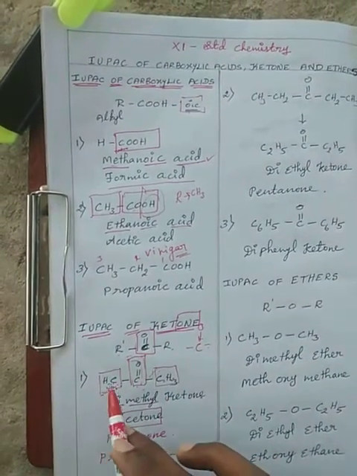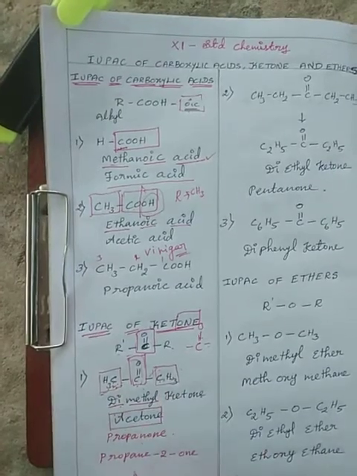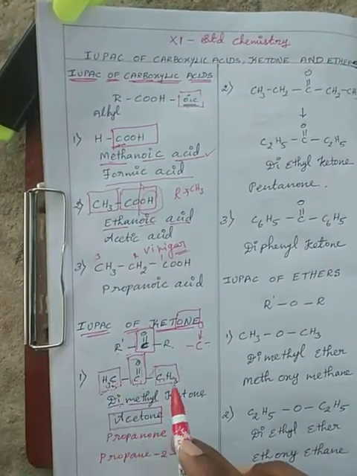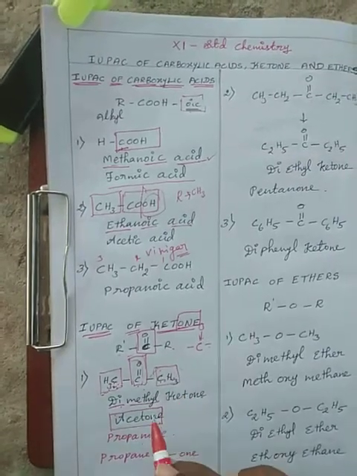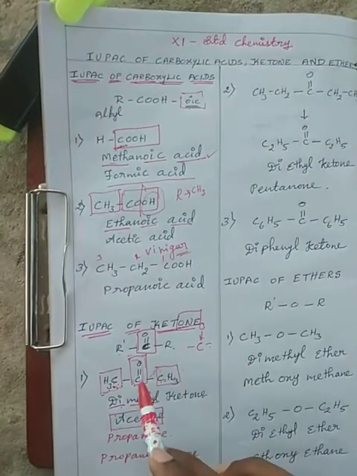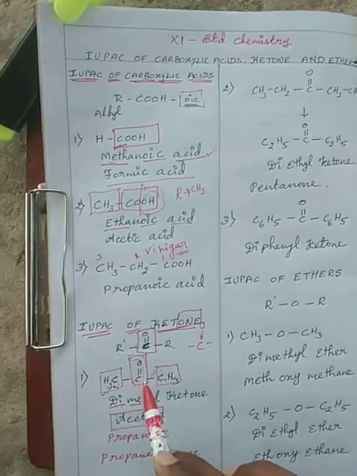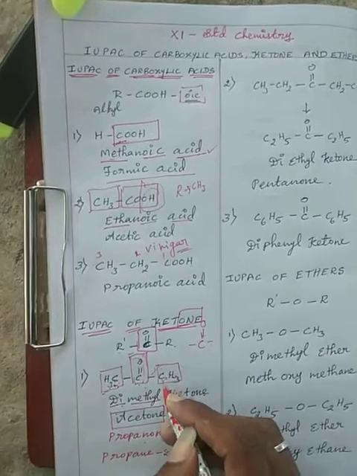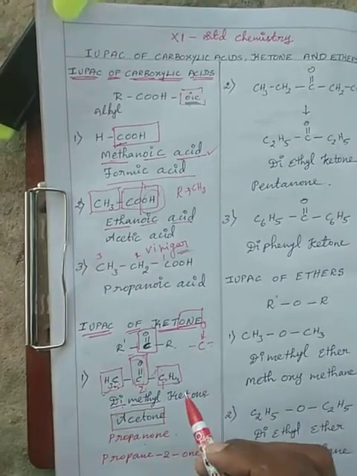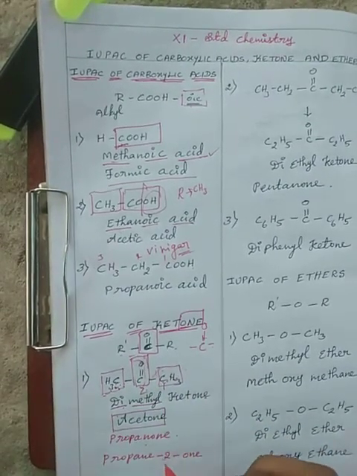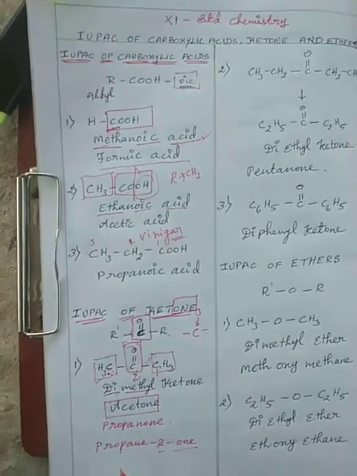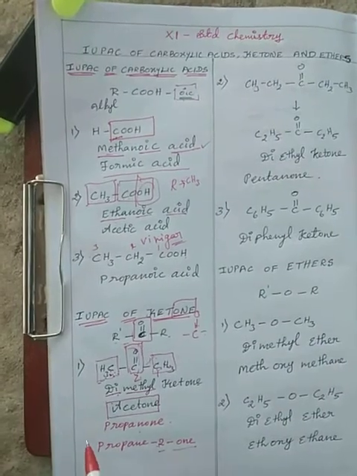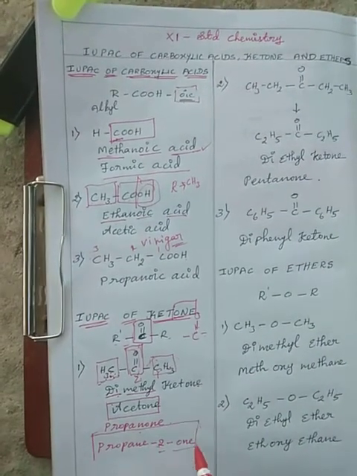All are single-bonded alkyl groups: a methyl group with a single bond, and another methyl group with a single bond. Students, do not mention the carbon to oxygen double bond here. So propane, second carbon atom: 1, 2, the second carbon atom is the ketone.